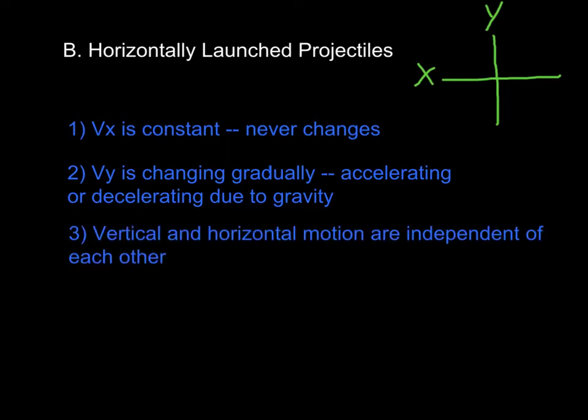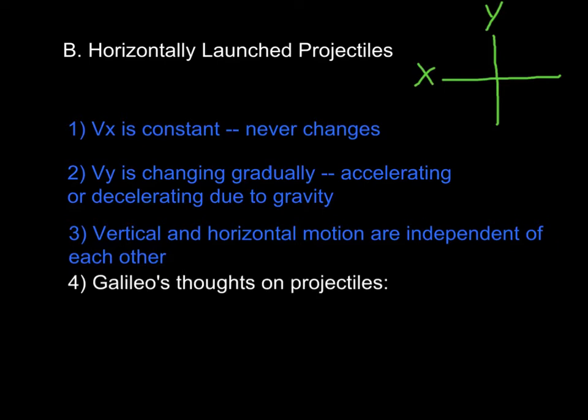The third thing that we need to know about the motion of a projectile is that the vertical and horizontal parts to that motion are independent of each other. The velocity in the x direction and the velocity in the y direction do not depend on each other. They are independent, and that means we can treat them independently, so we can look at one at a time, and that simplifies things when we do our calculations.